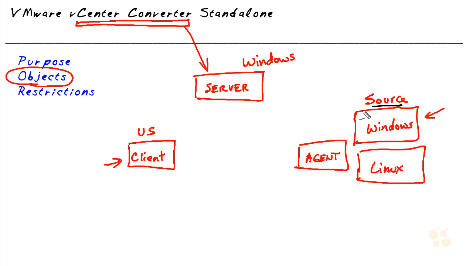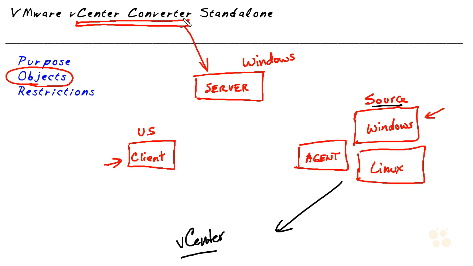And regarding source and destination, the destination for the conversion, we can put it over into vCenter as part of vSphere. We can also convert it over to VMware's desktop solutions, including VMware Fusion and VMware Workstation. And in the context of our vSphere environment, our target would be vCenter and the ESXi hosts that are supporting our vSphere environment.